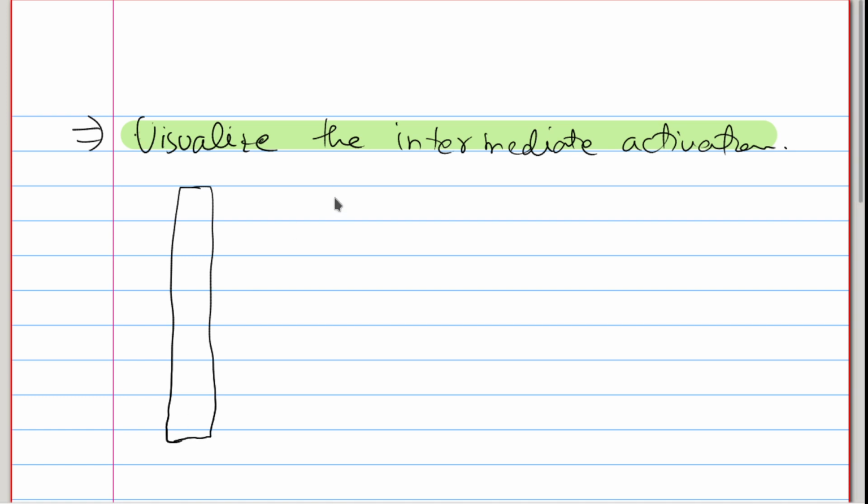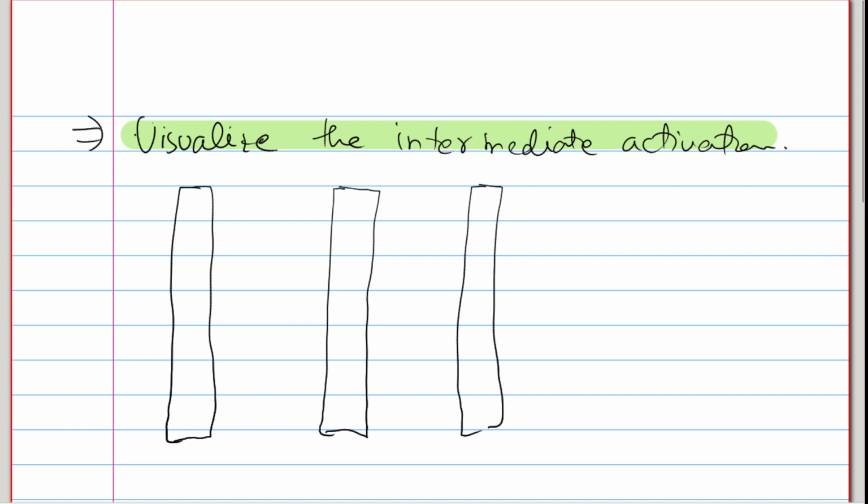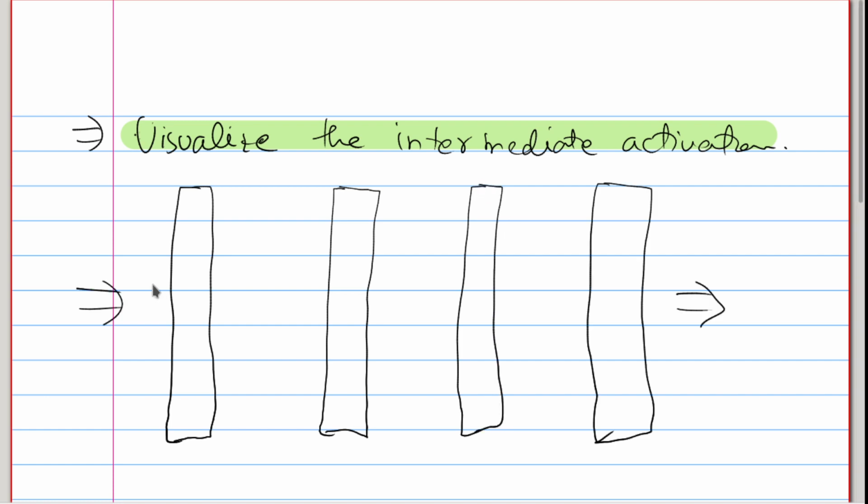I'm going to show it using these rectangular boxes. These are the layers in between, a couple of layers of a convolutional neural network.